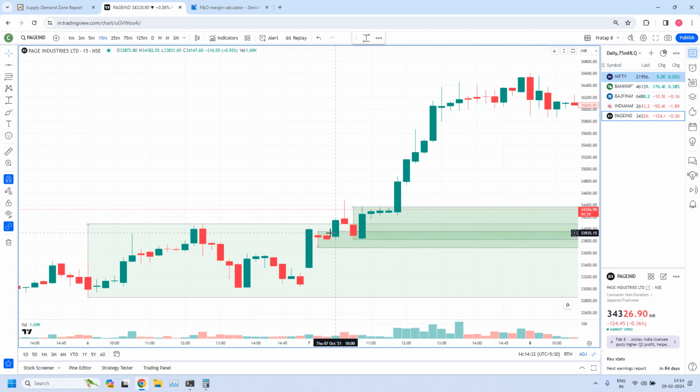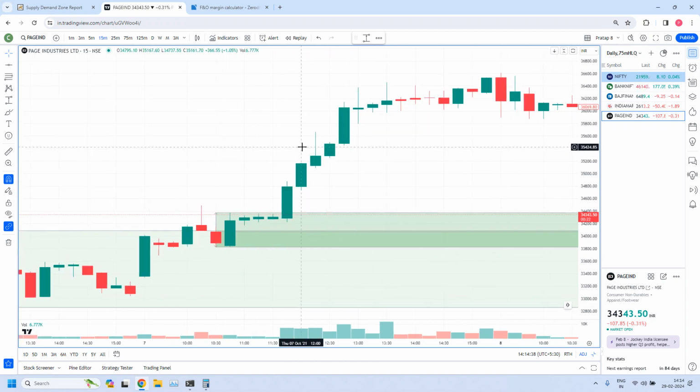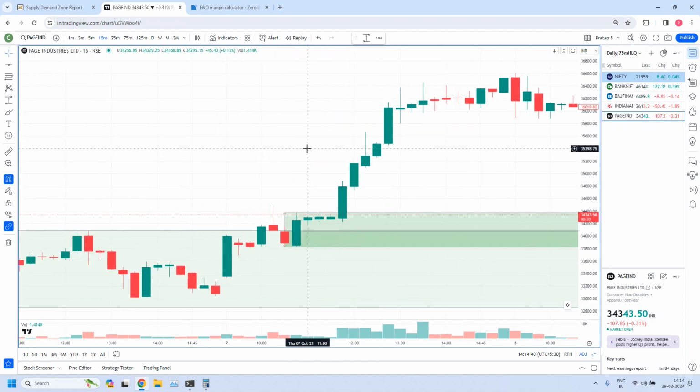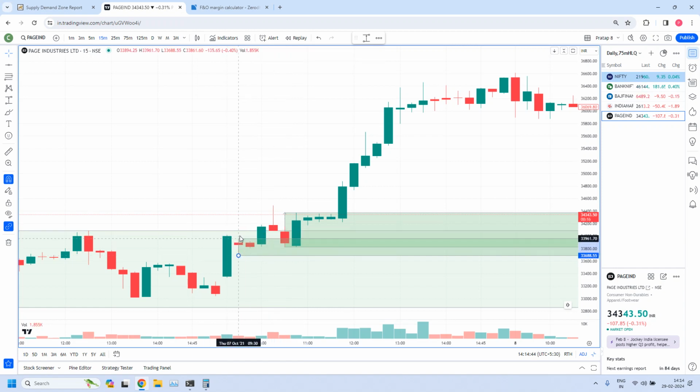This is one possible, or you can limit yourself to this one. See, either way you can draw. Either you can draw like this, because it already picked up the orders from this zone. That is the reason why. Or you can draw like this also.